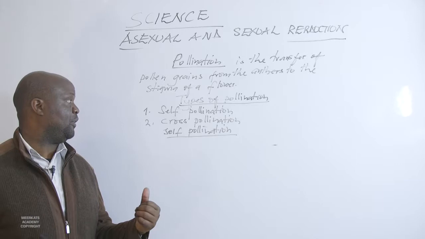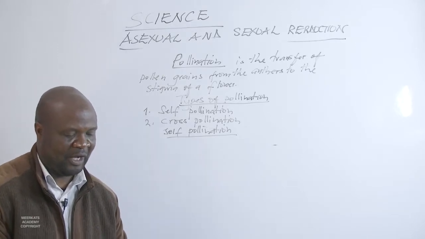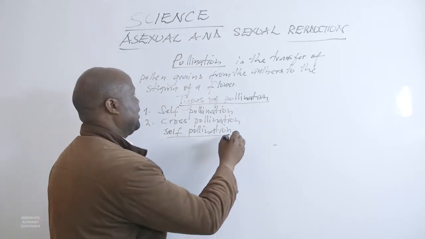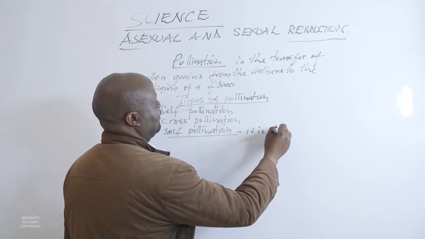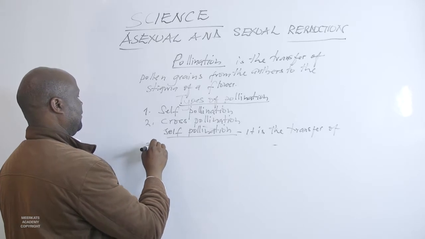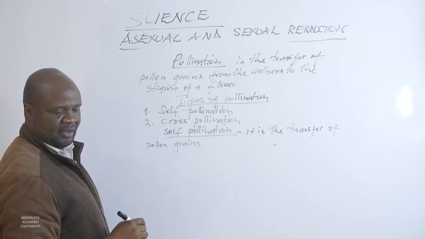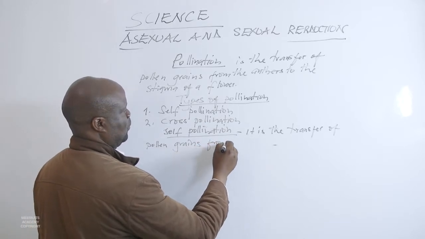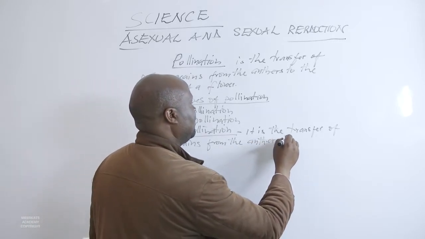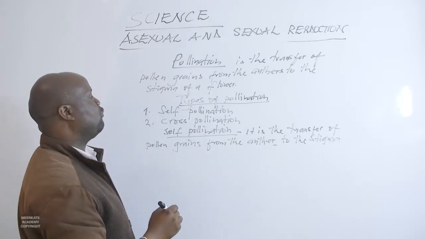Self-pollination is the transfer of pollen grains from the anther to the stigma of the same flower.